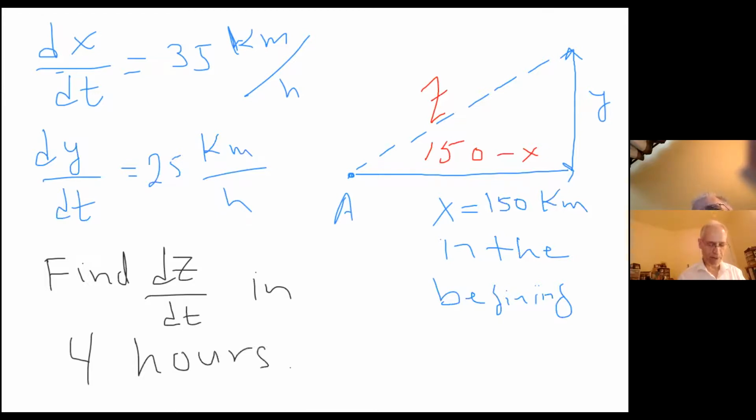Remember the problem said that at noon, so it's 12 o'clock. So now if you're talking about 4 p.m., it's 4 hours after that.